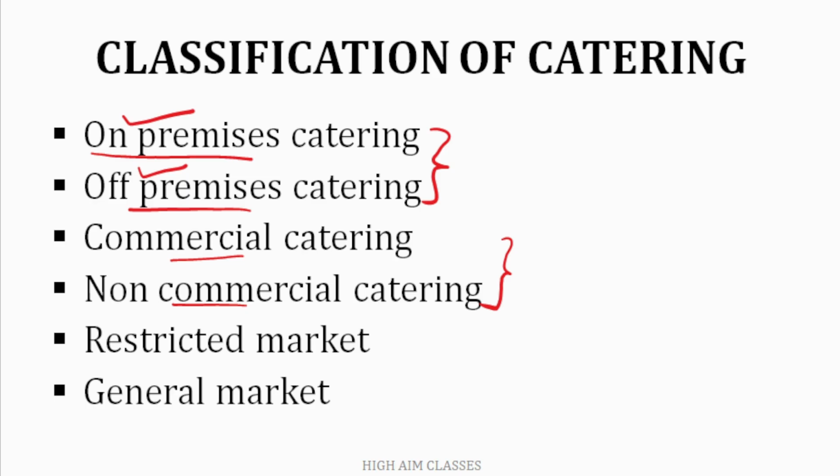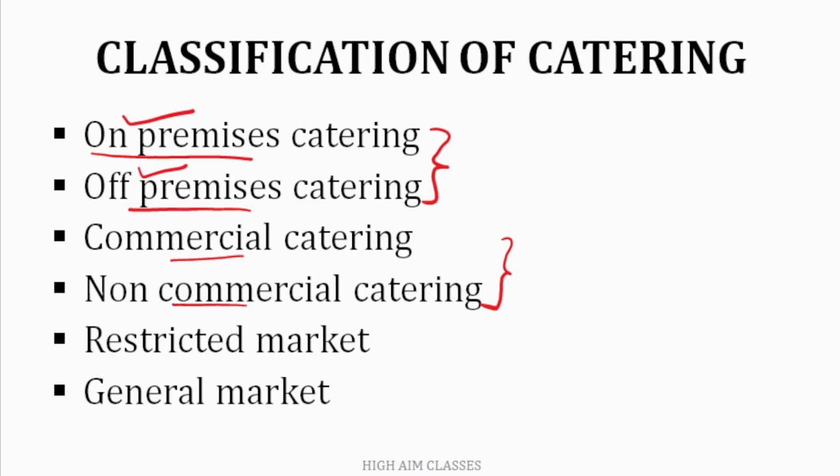It may be either for welfare, or it may be the motive to provide good nutritious food at a subsidy rate to our employees or our students, or it may be an allied function of some industry, like if there is a spa and they're providing some food and beverage. So food and beverage is not their main source of income, whereas their main source of income is spa or gym, but they are providing some food and beverage, so that is not for commercial purpose.